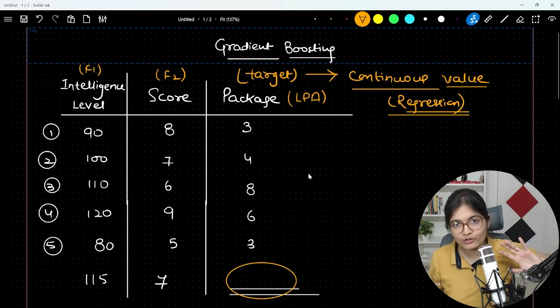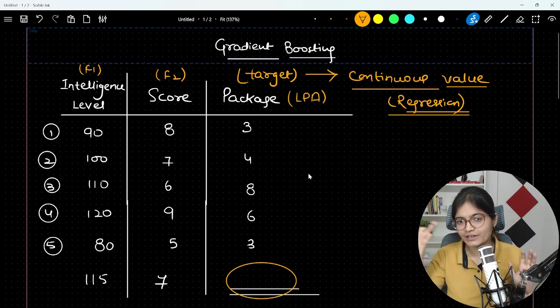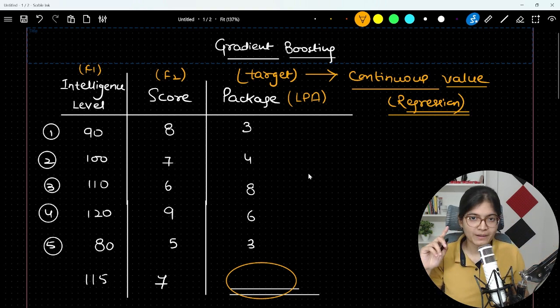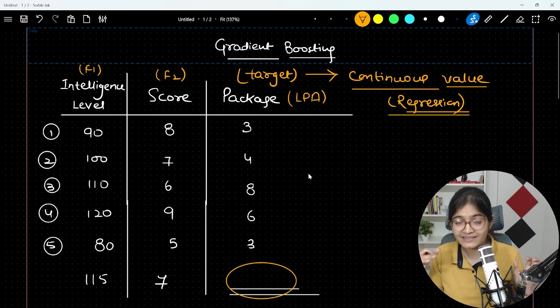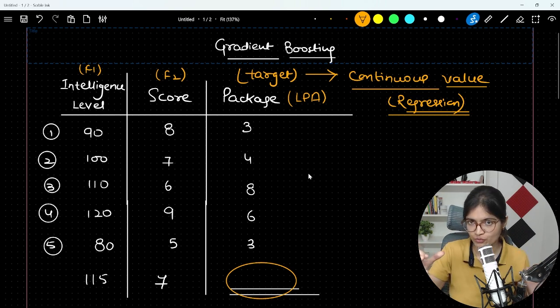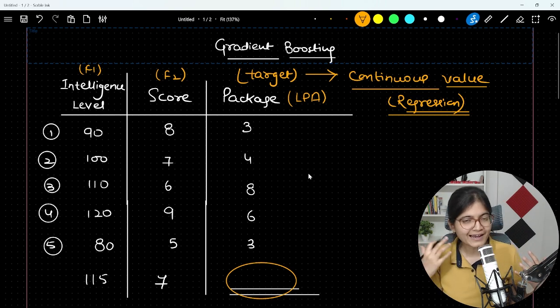My model will evaluate that, and accordingly it will give me further results. If you remember, in our previous discussion of AdaBoost, my model looked at how many data points were misclassified and increased the weights of those points, so that in the next iteration the model would give more focus to them. A similar discussion will happen here, but how it is different from that is what you have to look into.